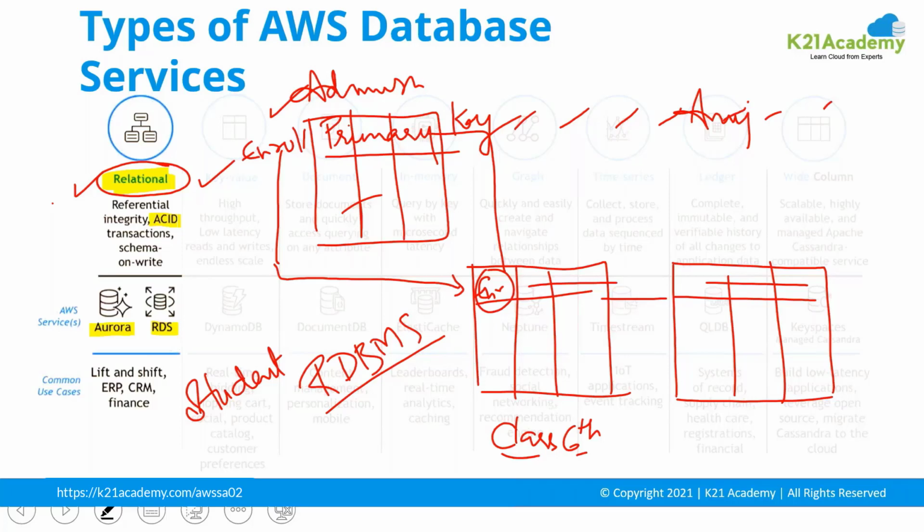Whenever you are working on the data, it should be isolated, and it should be durable when you store the data into the database. All these things have to be taken care of, and you should be able to access the data that you have stored in the table. So if you want such kinds of databases in Amazon, Amazon gives you the facility with the help of Aurora and RDS.